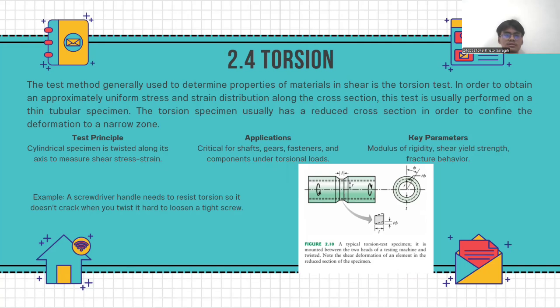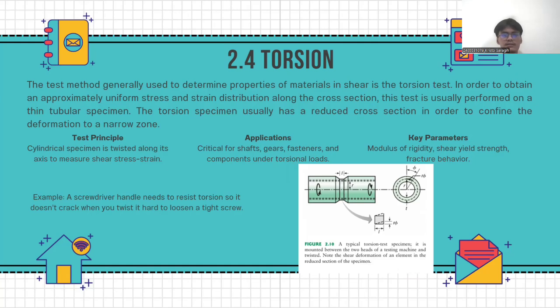The torsion specimen usually has a reduced cross-section in order to confine the deformation to a narrow zone. The test principle is that a cylindrical specimen is twisted along its axis to measure shear stress and strain.